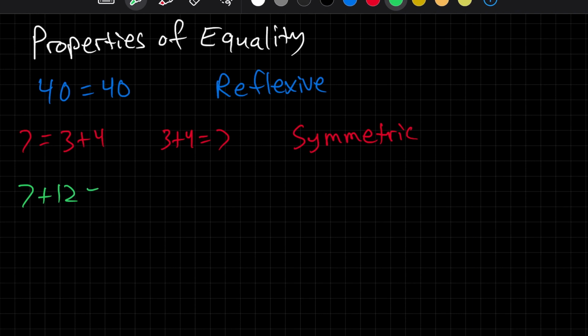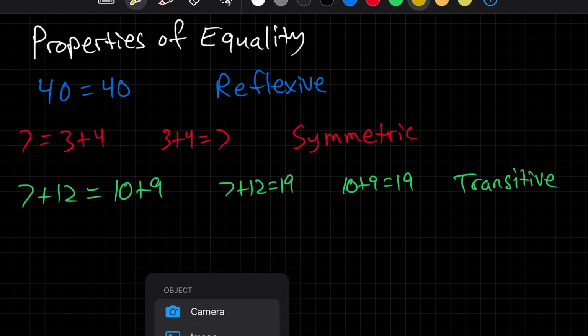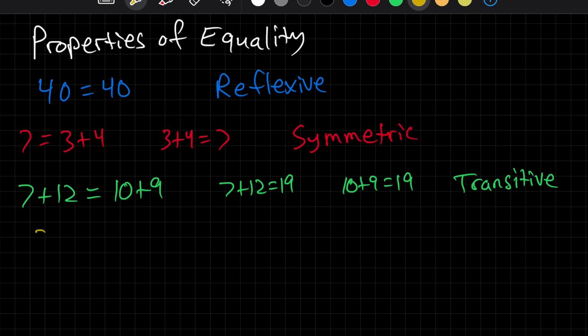Let's take a look at another one. We have 7 plus 12 is equal to 10 plus 9. So 7 plus 12 is equal to 19. 10 plus 9 is equal to 19. So this is the transitive. Let's look at one last one here.